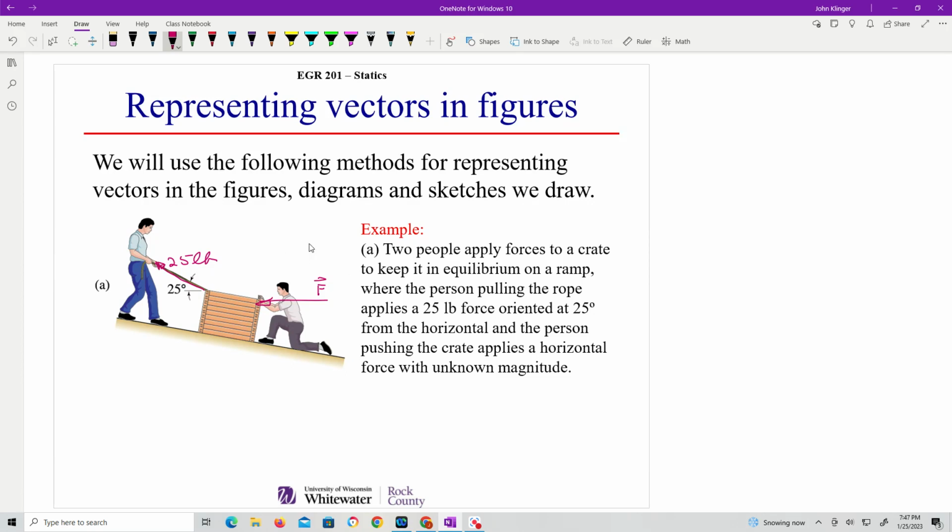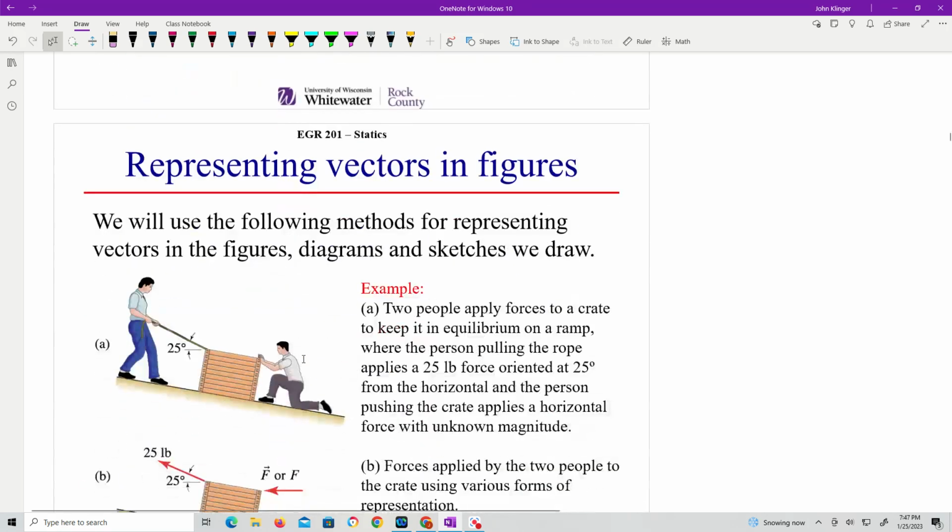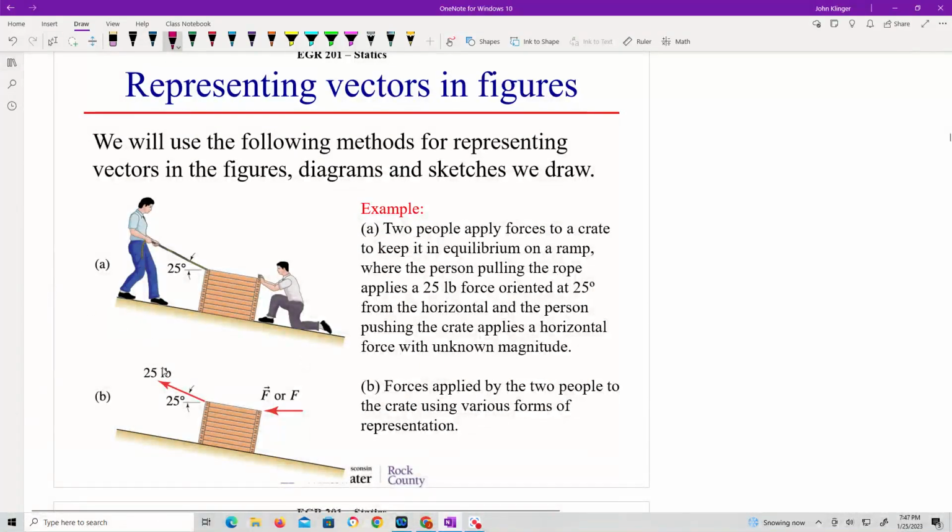And we want to know our X and Y coordinate system for this also. So we could add these two vectors up, whatever F is, and we would have some resultant force R. I could replace these two forces with this one and have the same effect on that crate.